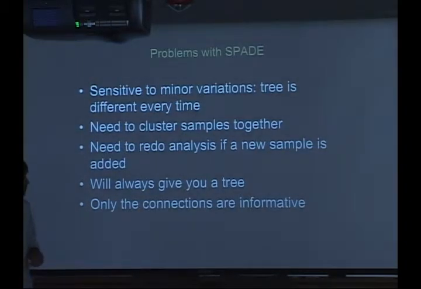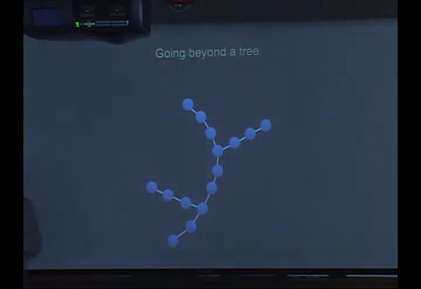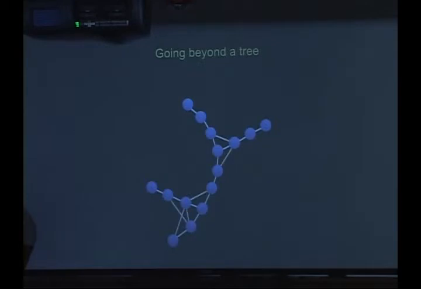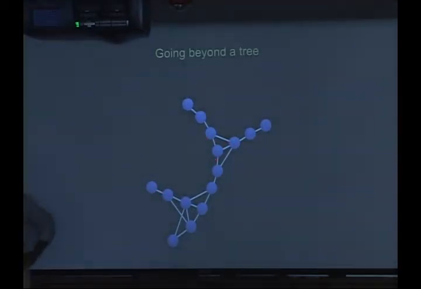Okay. So this is essentially your very simplified SPADE tree. One thing you can do to go beyond this limitation is to augment this structure by introducing connections, not just connecting each cluster to the most similar ones, but also connecting clusters to stuff that is more different.